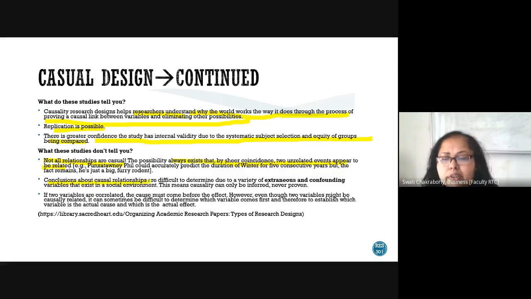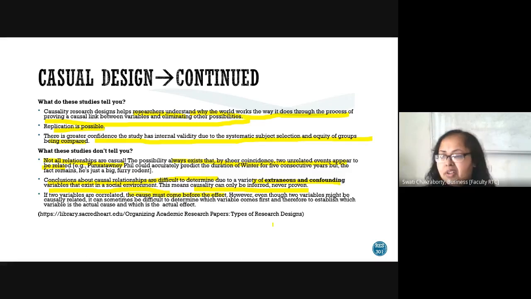Conclusions about causal relationships are difficult to determine. Why? Due to a variety of extraneous and confounding variables that exist in a social environment, which means that causality can only be inferred, it can never be proven. And if two variables are correlated, cause must come before the effect. This is important, okay?